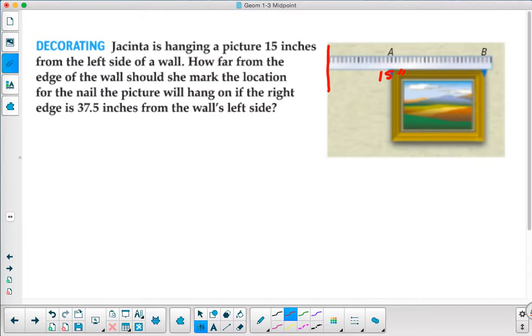And then the nail, or let's see, the edge, the right edge is 37.5 inches. So we need to figure out what is halfway in between there. So there's really 2 methods you could do here. So you see if you can figure out a method and come up with an answer. I'm going to pause.